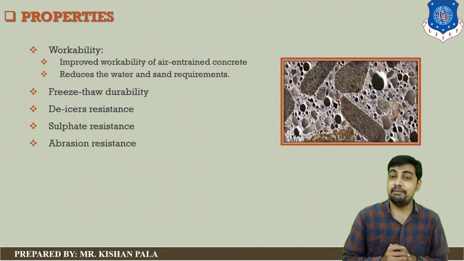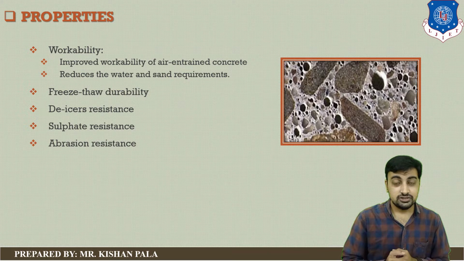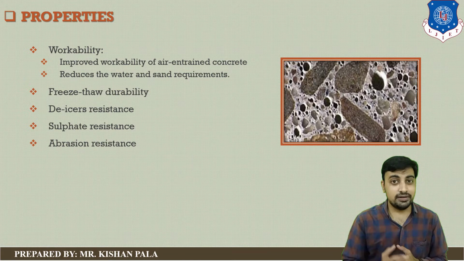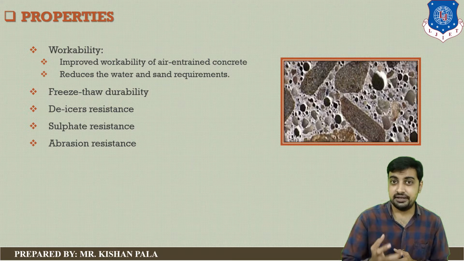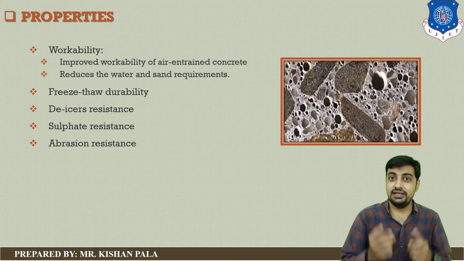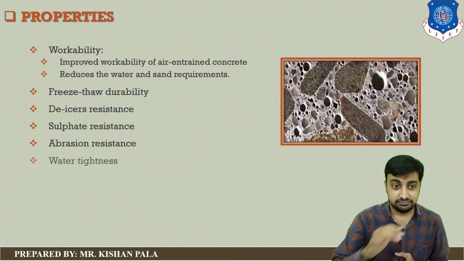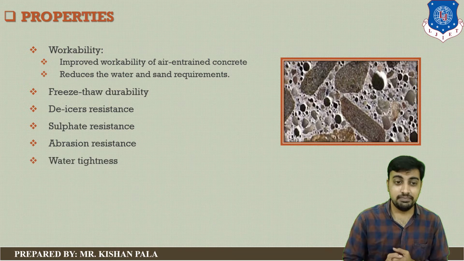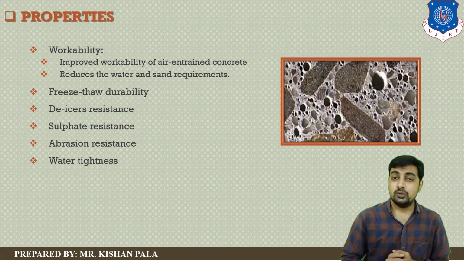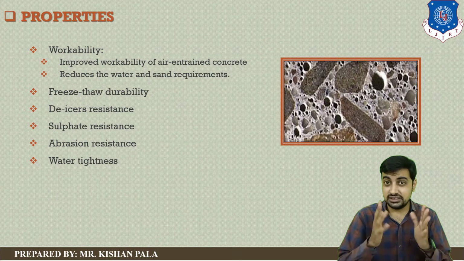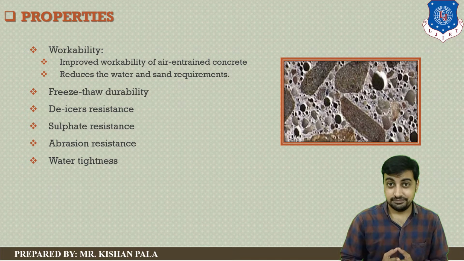Next one is abrasion resistance. So you can also increase the abrasion resistance by introducing the air entrainer in your concrete mass. Next, your concrete can be made water tight. So all these properties you can increase with this type of concrete mass.